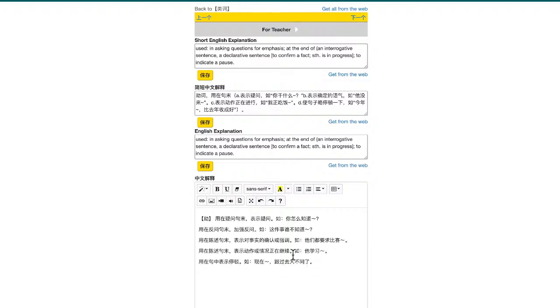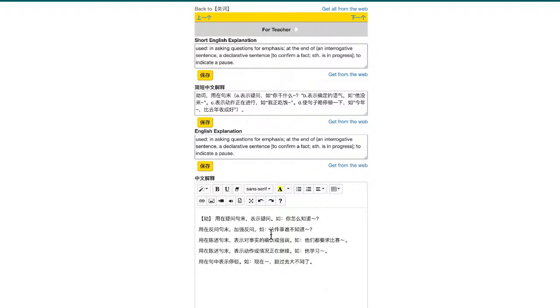Used at the end of a sentence like 他学习呢, it indicates a continual condition. 他们都要求比赛呢, that's adding emphasis. 这件事谁不知道呢?